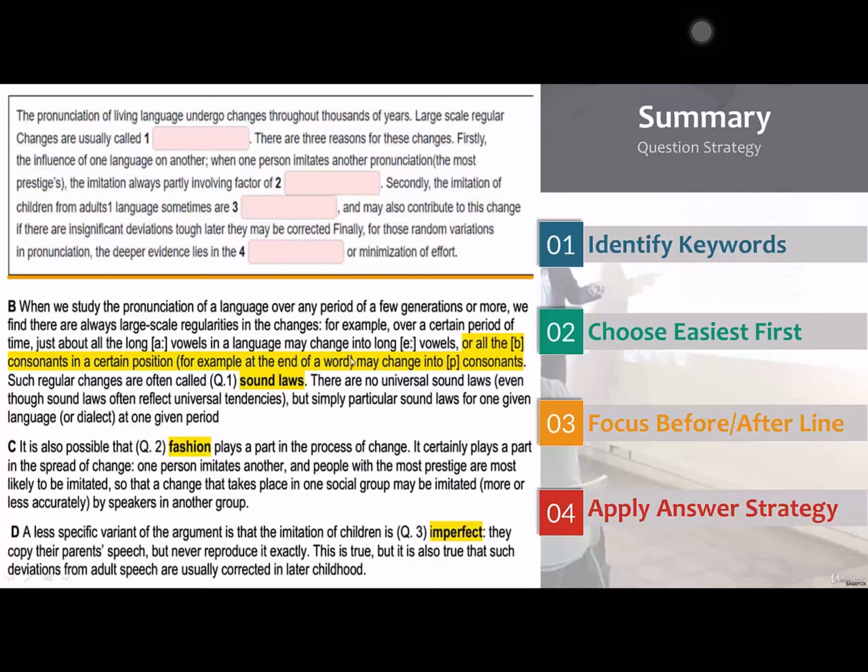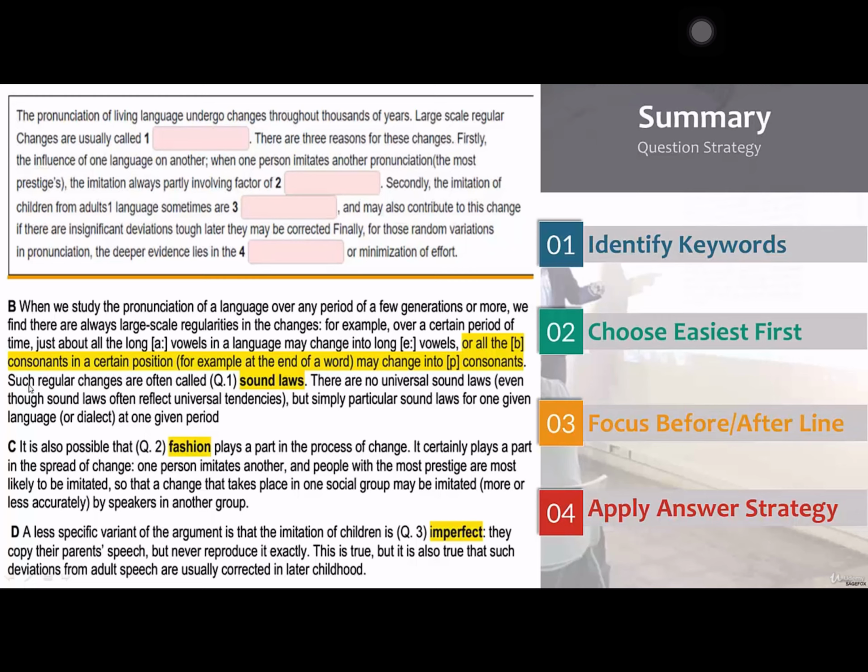Or all the B consonants in a certain position, for example, may change into P consonants. So all of that, for example, language, just to really explain to you what they're doing here in terms of summarizing, they took all of that out of the summary, which is what you do in a summary. Very often when you summarize, you don't include the example language.